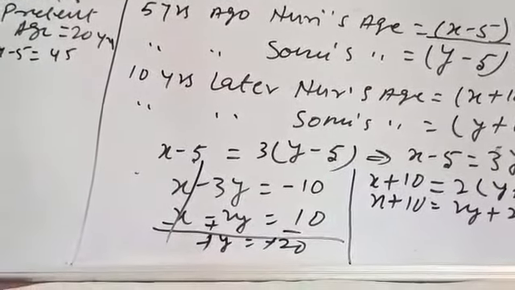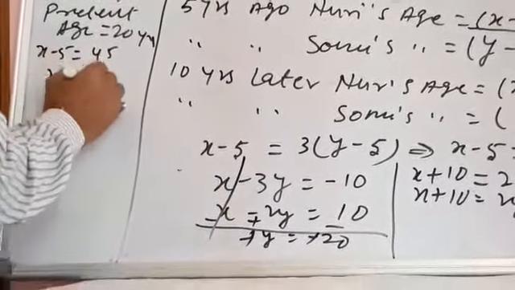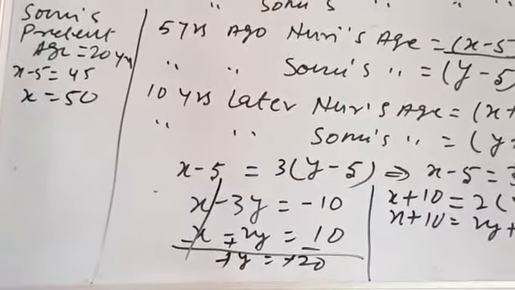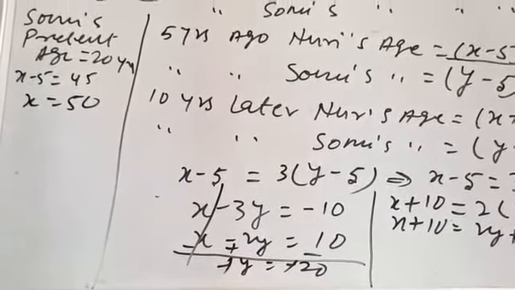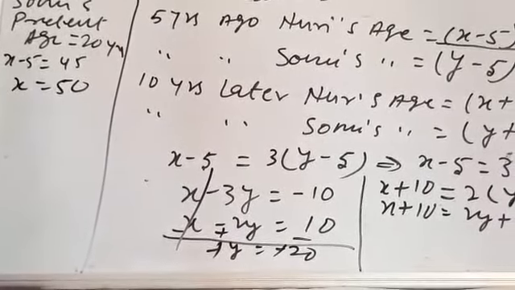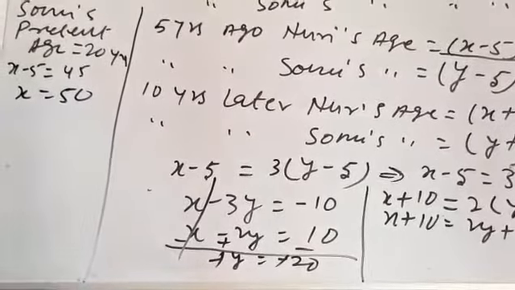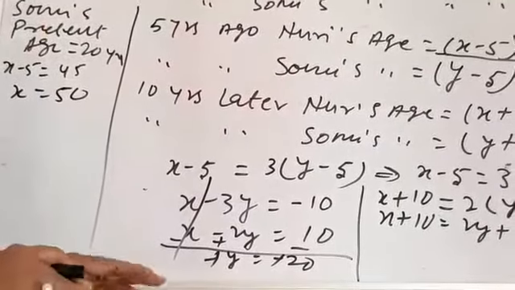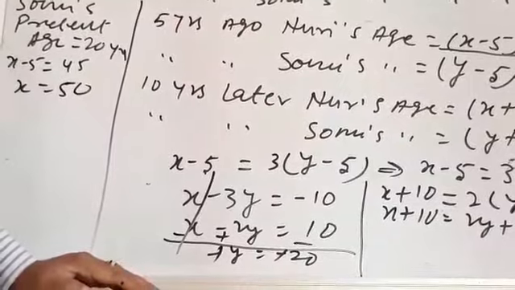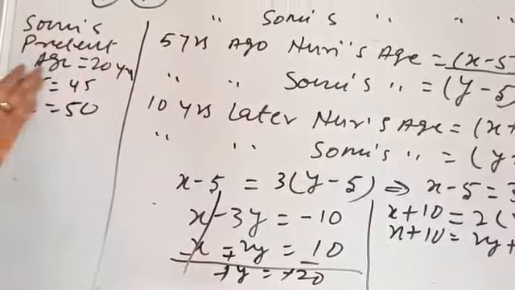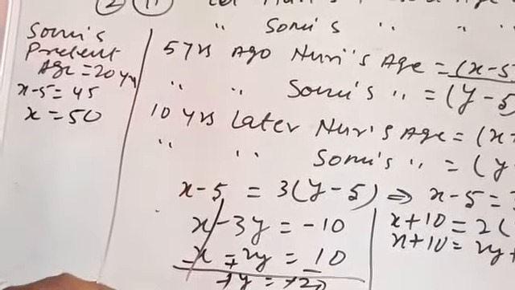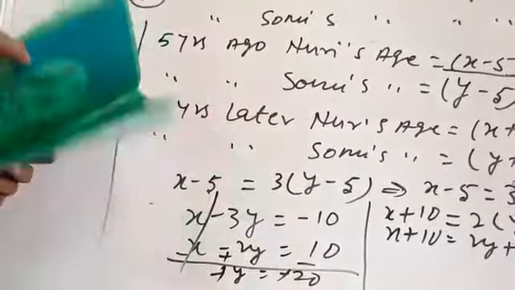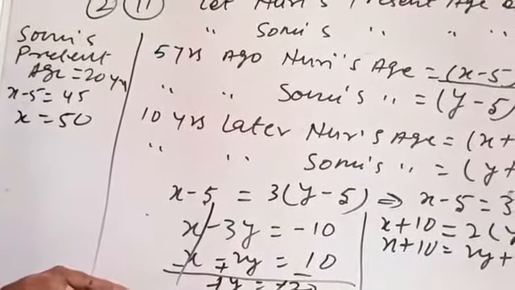So x is equal to what? 50. So Nudi's present age would be 50 years and Sonu's present age would be 20 years. This is the way to find out. This is the way that I have given you to present the situation. And so let us see further questions.